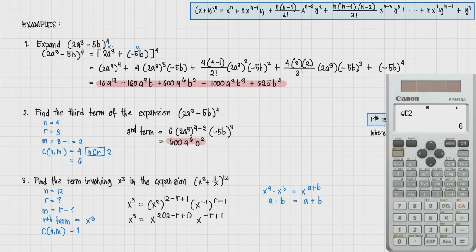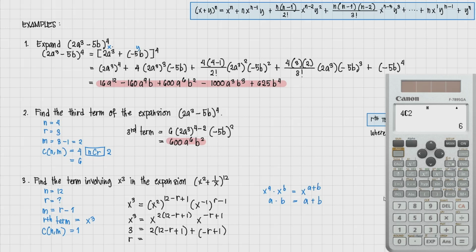So, we could use that in solving for r kasi that's what we're actually looking for. So, for r, we can now solve this as 3 is now equals to 2 times 12 minus r plus 1, plus negative r plus 1.